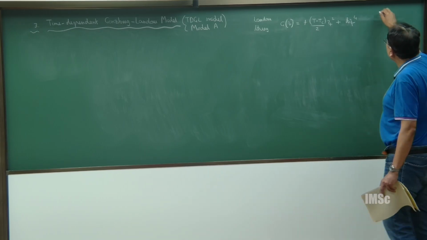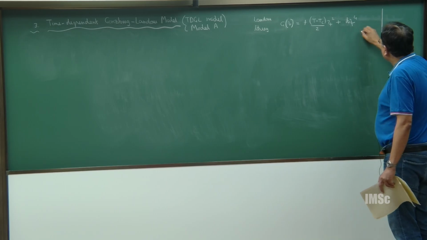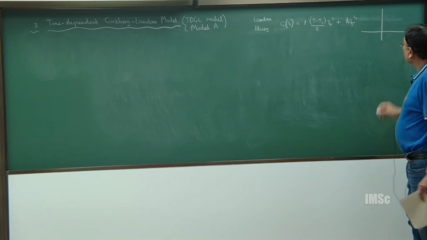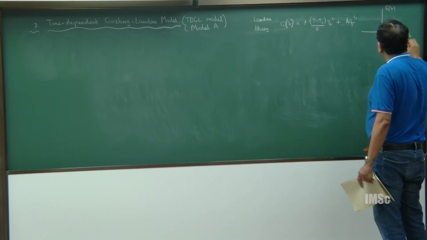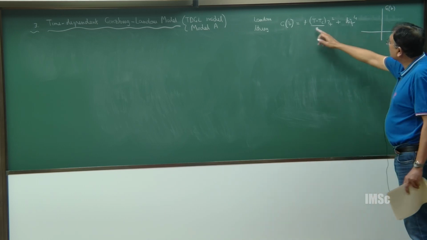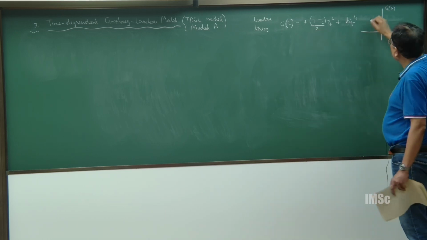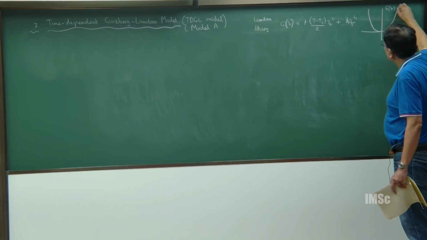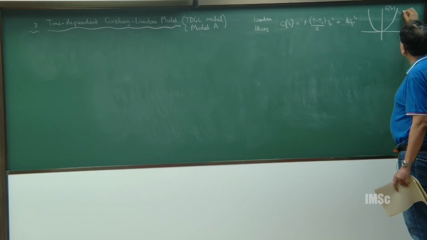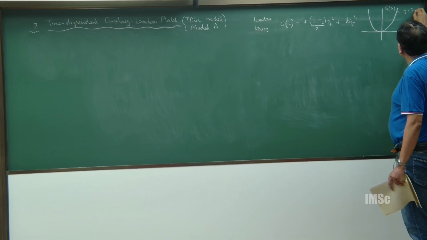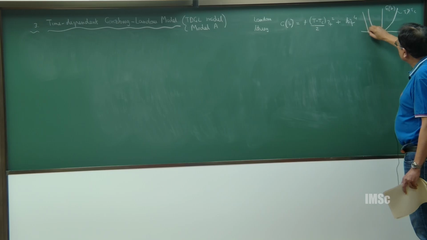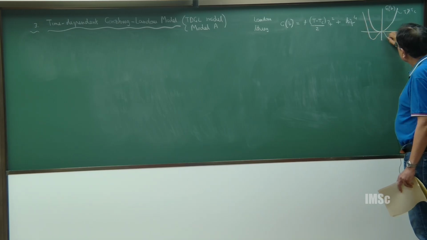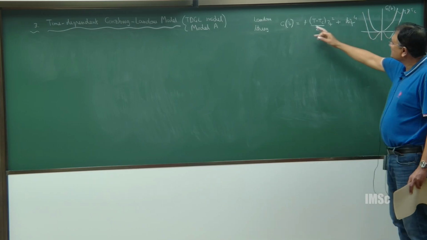It has the following famous property: if you plot this free energy G(psi) as a function of psi, then above the critical temperature the coefficient is positive, so it has a bell-shaped structure, that is for T greater than Tc. Below the critical temperature it develops this famous double-well structure, because now this is a negative sign.